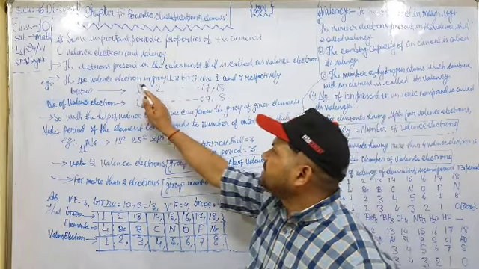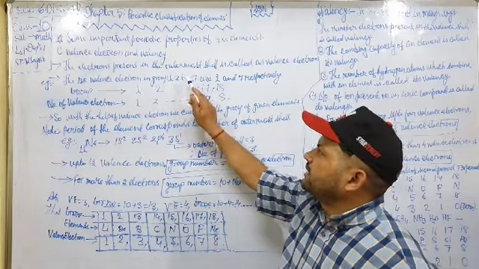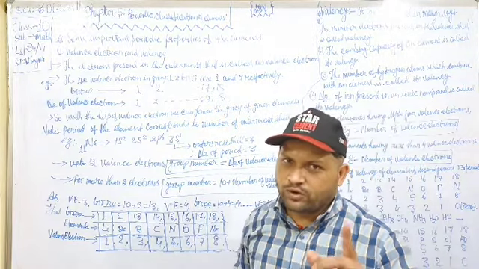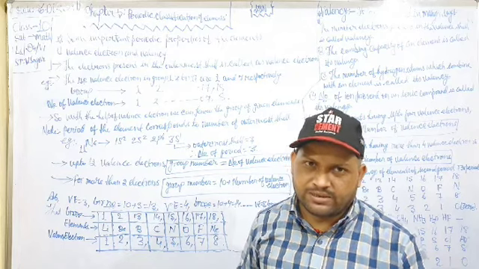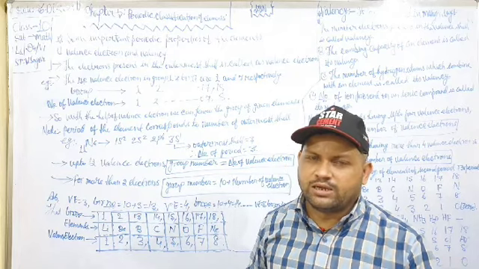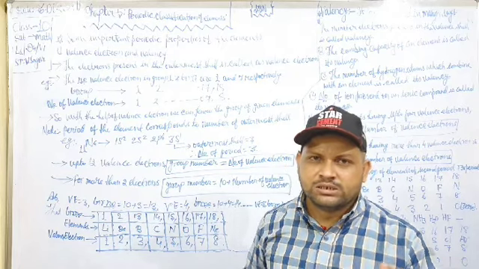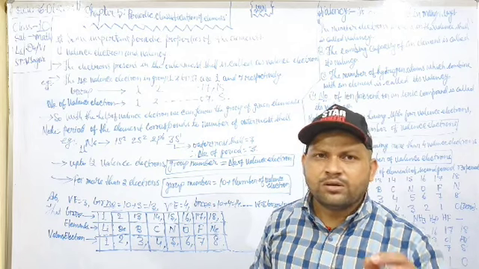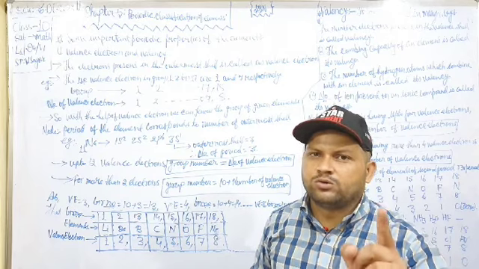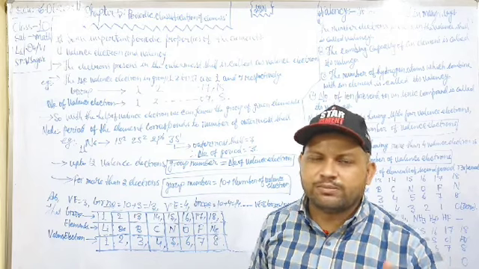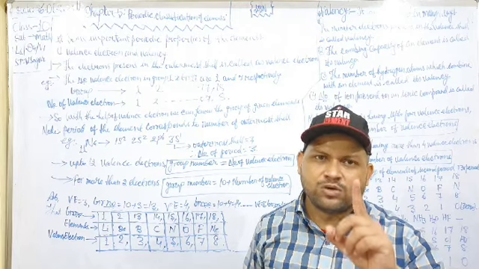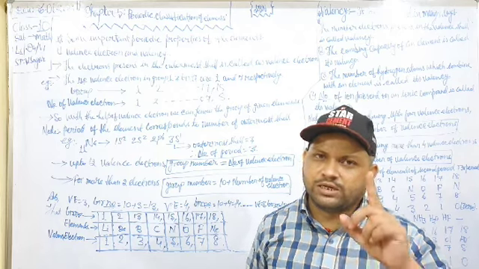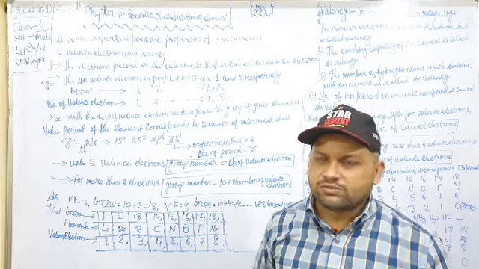The number of valence electrons in group 1 and group 17 is 1. Group 1, for example, is the alkali metals: lithium, sodium, potassium, rubidium, cesium, francium. These elements have 1 valence electron because in the outermost shell of these elements there is only one electron.